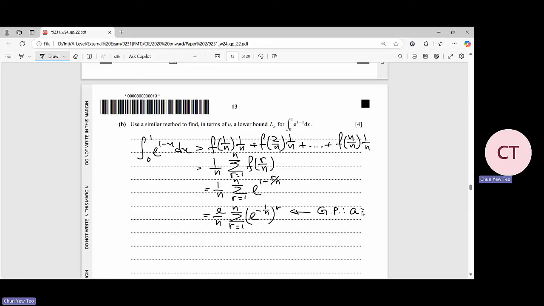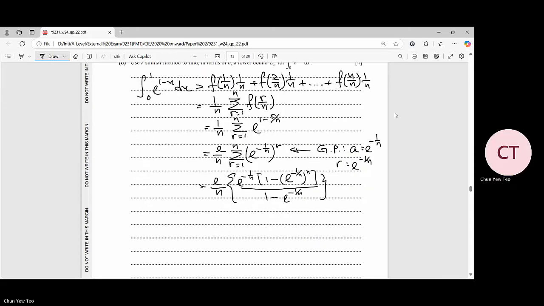This time the a is e power negative 1 over n, and the r is also e power negative 1 over n. The sum of n terms will be a times 1 minus r power n, divided by 1 minus r.